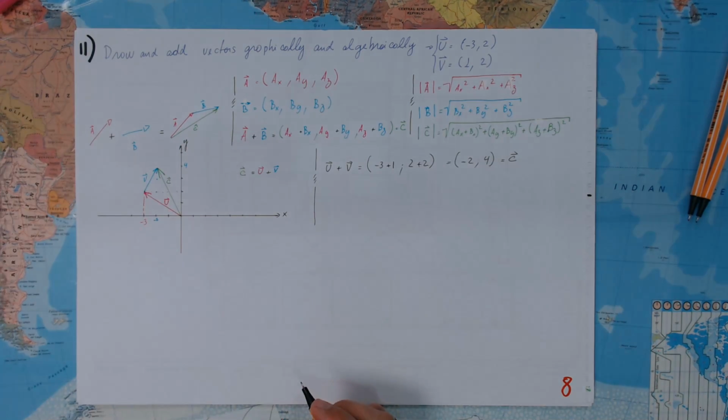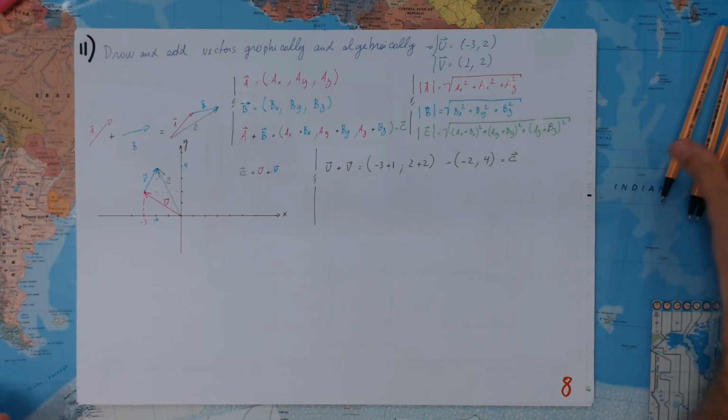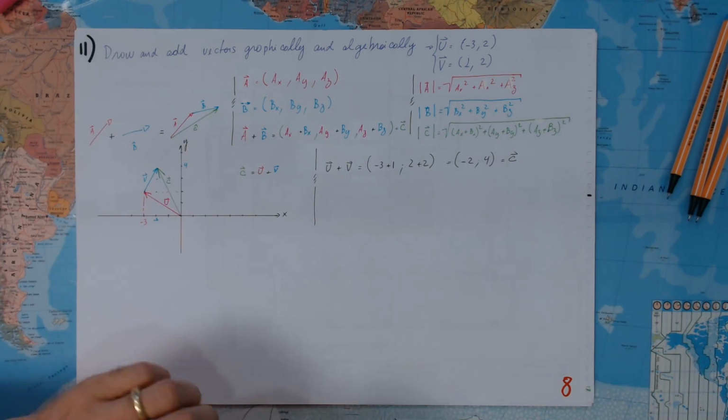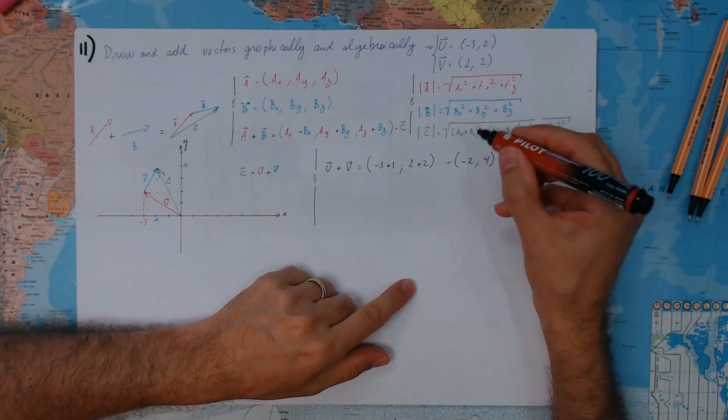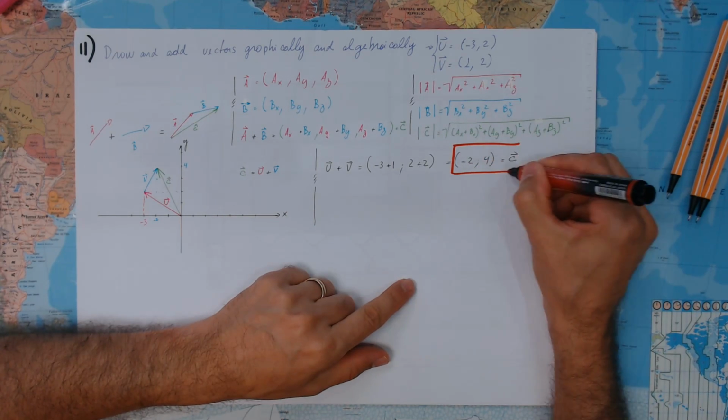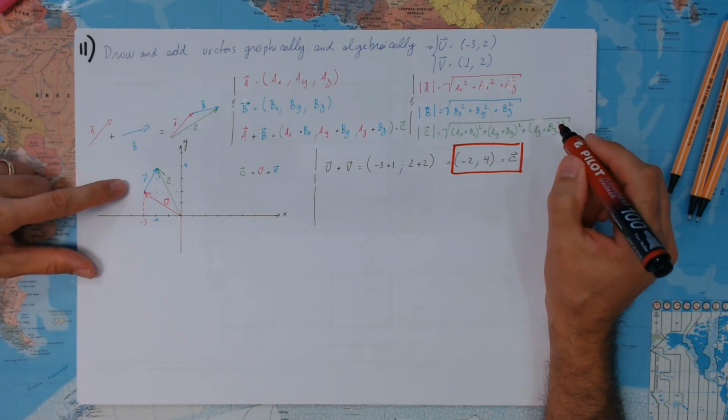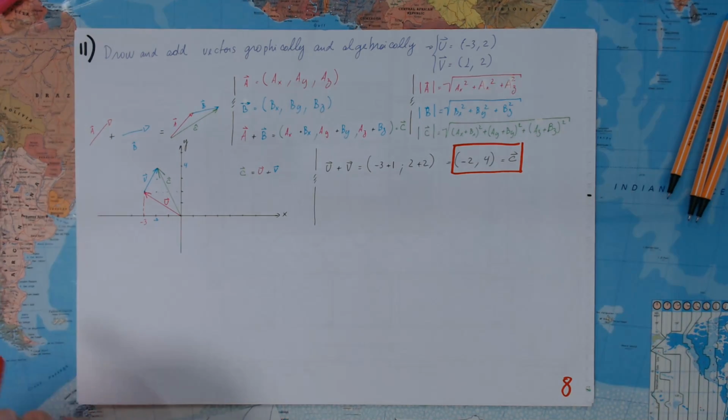This is our component for c, minus 2, 4. So the answer is this one. Algebraically, it would be that, and graphically, it would be this one. Very simple. Actually, it's very nice to draw.